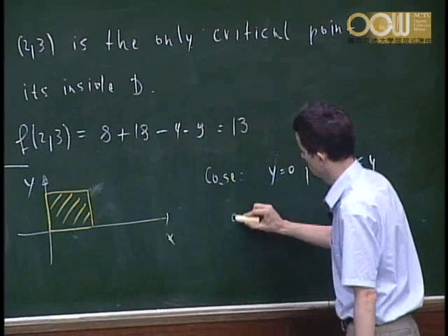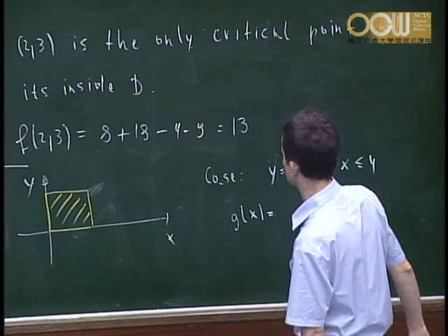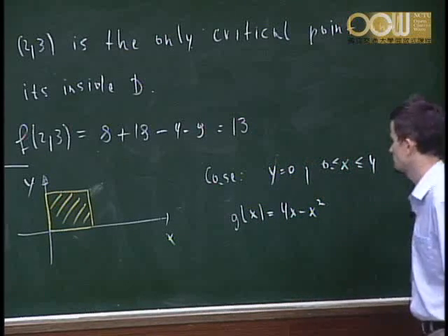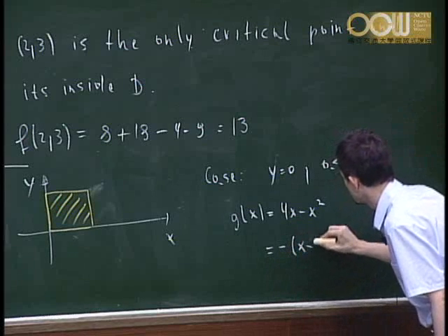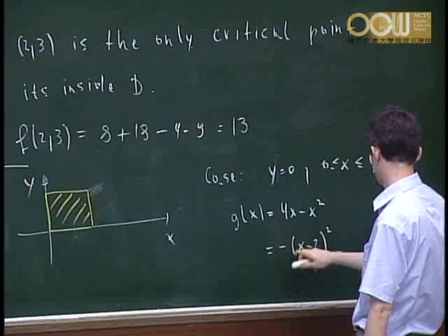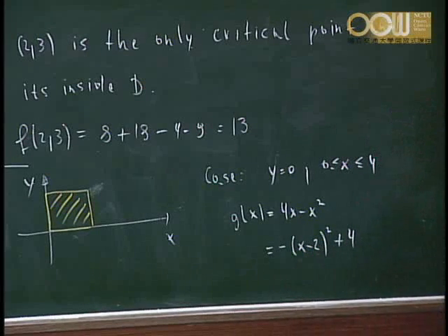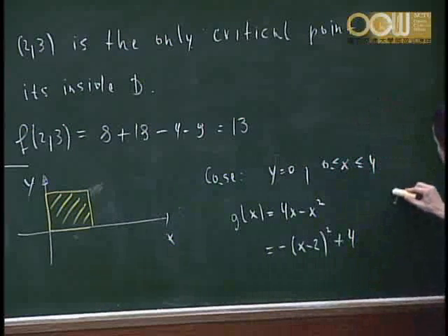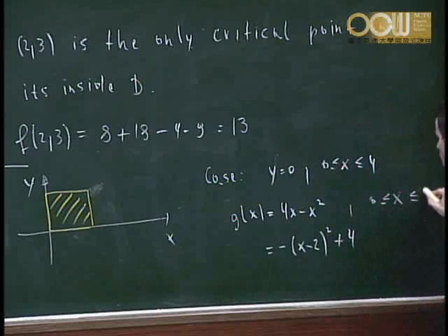Here the function, call it g of x, is equal to, with y equal to 0, 4x minus x squared. You can write this as minus (x minus 2) squared plus 4. And we have to discuss this function on the interval x from 0 to 4.